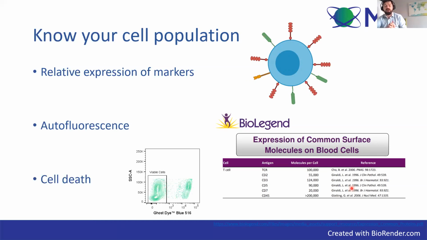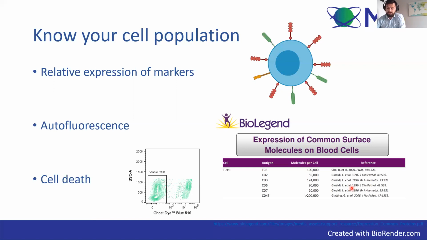Another thing to think about, and it doesn't just go for big multiplex panels, it goes across all flow cytometry, is that your staining process isn't killing an undue amount of your cells. If you're killing a really high proportion of your cells before you start analyzing them, you can run into big problems. You can lose your data completely. You can get a lot of autofluorescence.